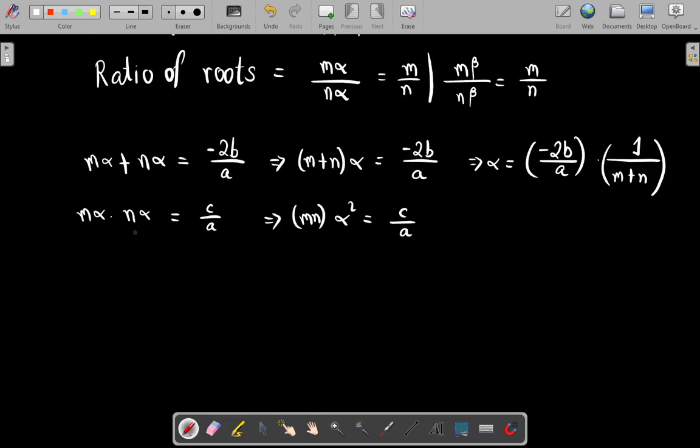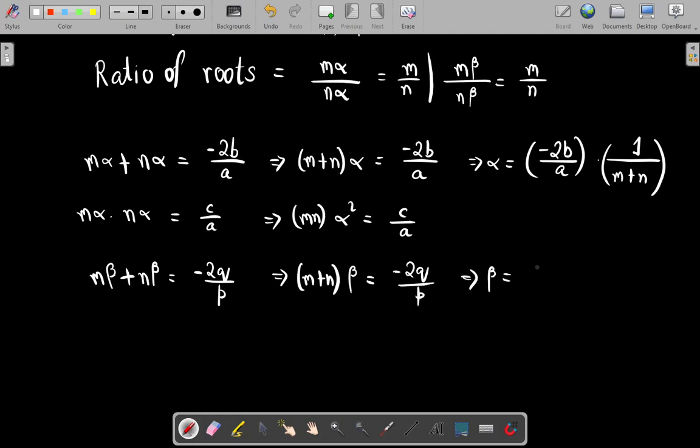Similarly, from the second equation, mβ + nβ will be equal to minus 2q upon p. Taking (m + n) common, times β, this will be equal to minus 2q upon p. So β will be equal to minus 2q upon p times 1 upon (m + n).